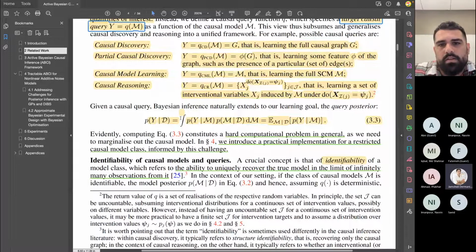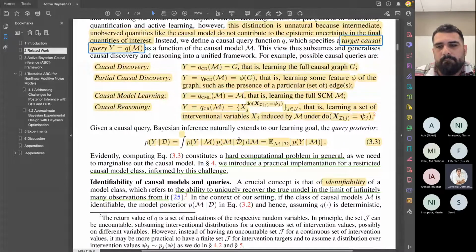Sure. Thanks for selecting this nice paper, and it's very relevant to your work too, right? If you remember, we had a discussion when you started about separating the causal query from learning the causal model. And I like this categorization of these causal queries. It is also relevant to Shahryar's work.